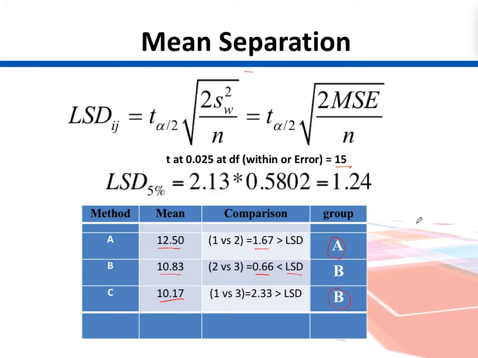So here our treatments are sorted into A, and that is different from the rest of them. We can even cluster them like this. The treatments B and C are not that much different, right? So they belong to the same group, and A is different from them.